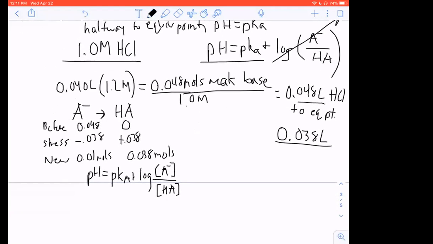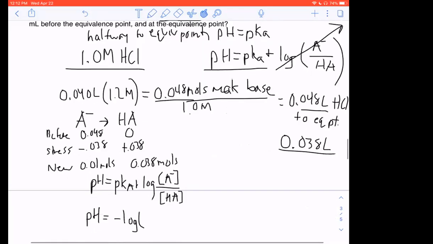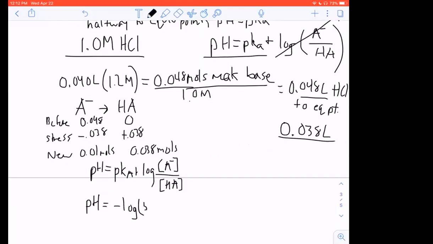I'm this far, so I might as well work out the rest of it. pH is going to equal the negative log of the Ka, and the Ka from earlier is 5.56 times 10 to the minus 8, plus the log of A minus, which is 0.01 now, over 0.038.